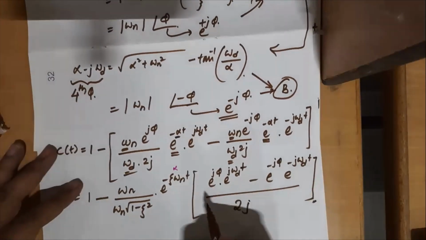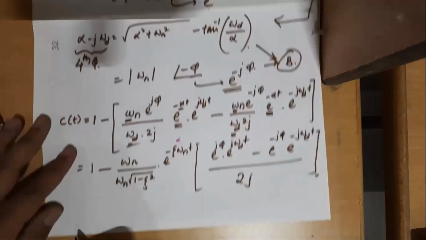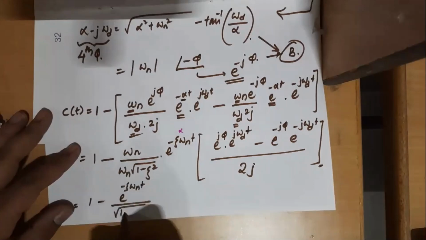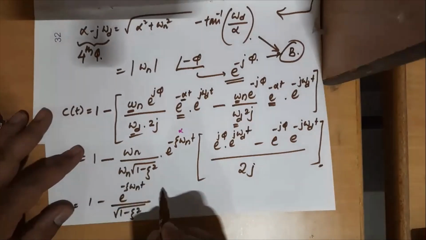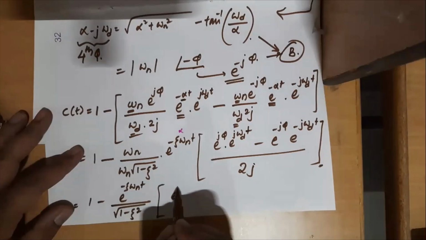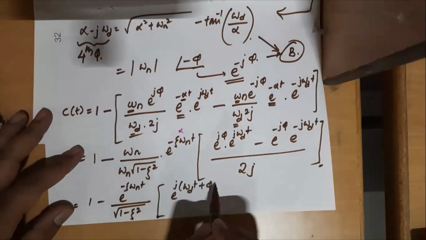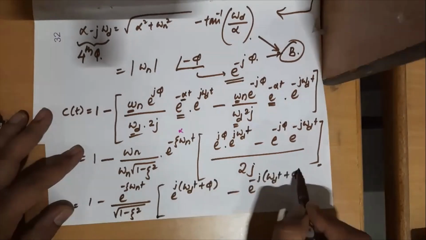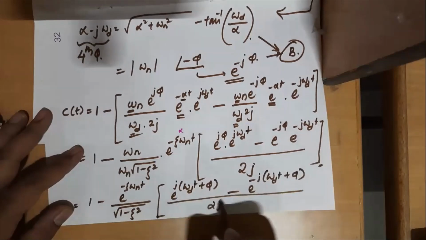So how can we rewrite this? 1 minus e raised to minus zeta omega n t, divided by square root of 1 minus zeta square, because omega n and omega n will get cancelled. And I will add up all the terms now. So j is common, take it as common: e raised to j of omega dt plus phi, and here it is minus j of omega dt plus phi, divided by 2j.